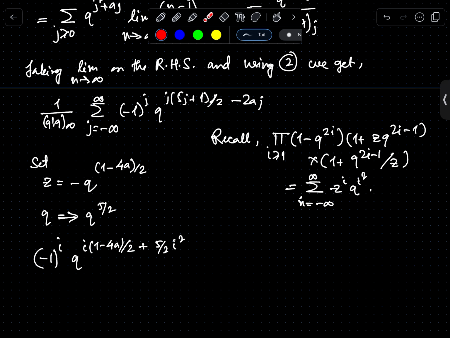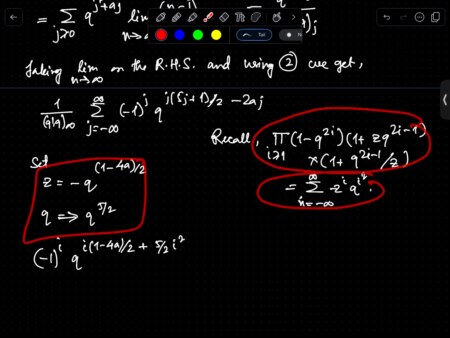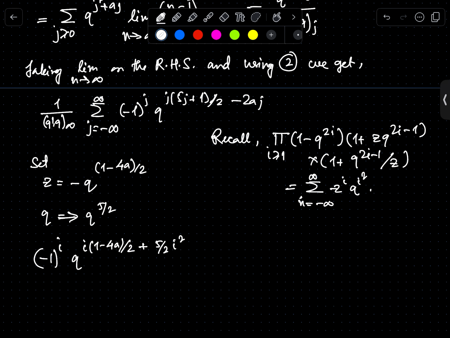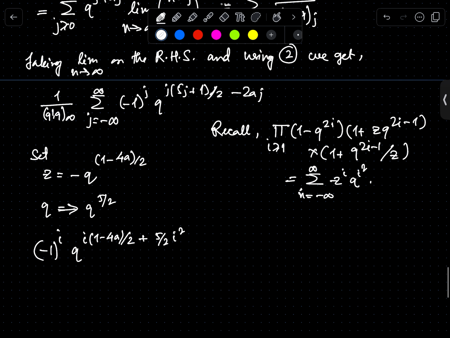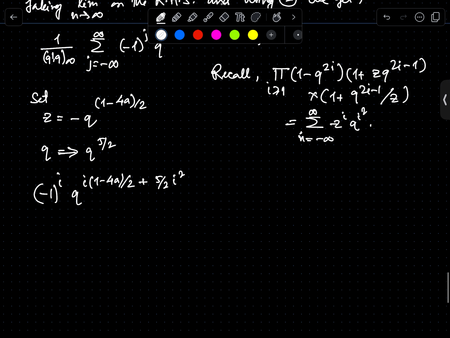The index i is now changed to j. So this side is equal to this side with these special values. We want to figure out what this is now. It became a bit messy, but I hope you will understand.